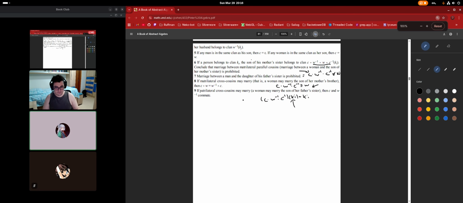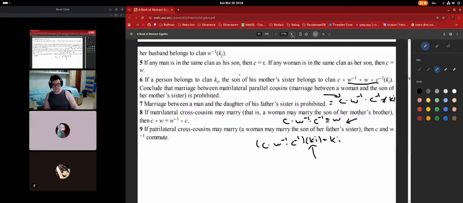Actually, you just need to prove that C after inverse of W after inverse of C is different from W. Yeah, but the previous exercise we went with the ki, and to me it was easier. That's why I wanted to use ki again.